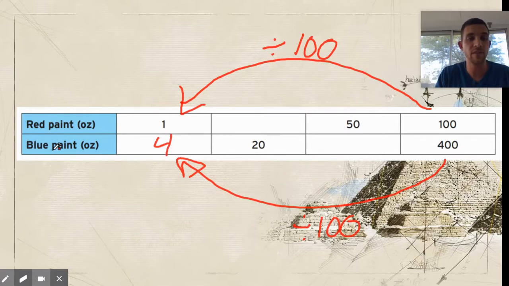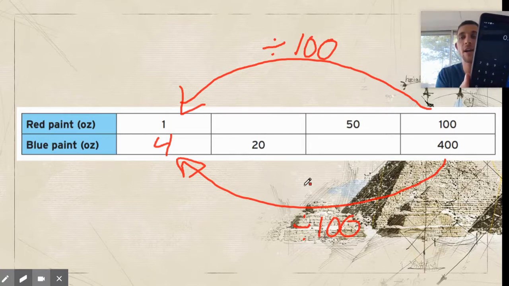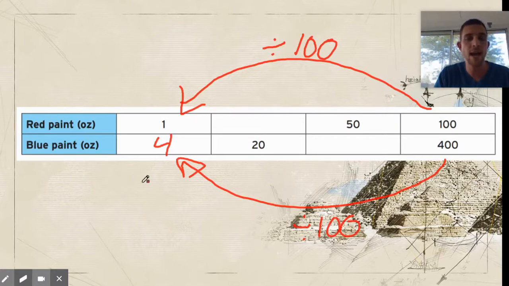Red paint divided by blue paint. 100 divided by 400 is 0.25. Now, let's take 1 divided by 4. And I get 0.25. That means I got it correct.